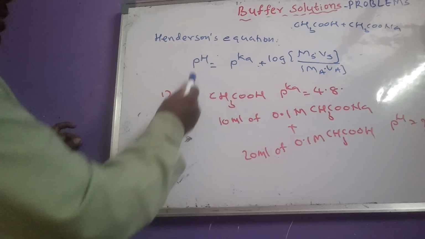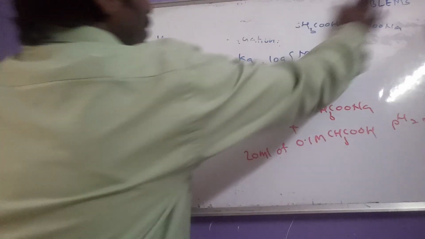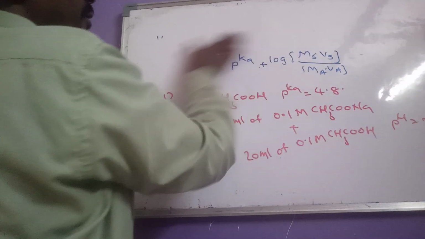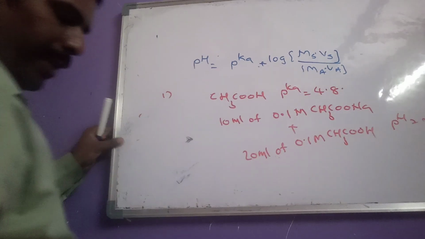First, we have to substitute all the values in the expression pH equals pKa plus log MsVs by MaVa.